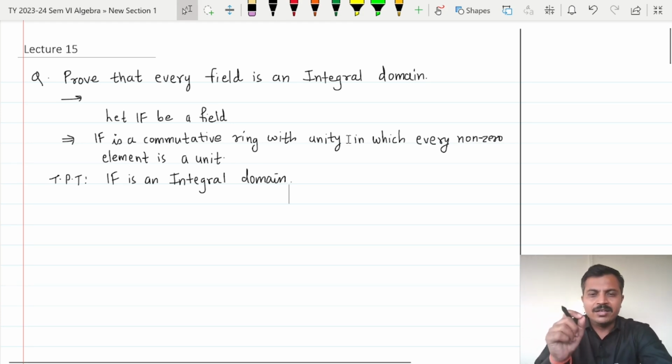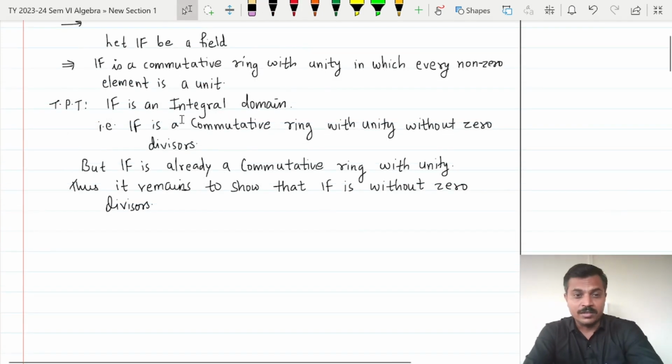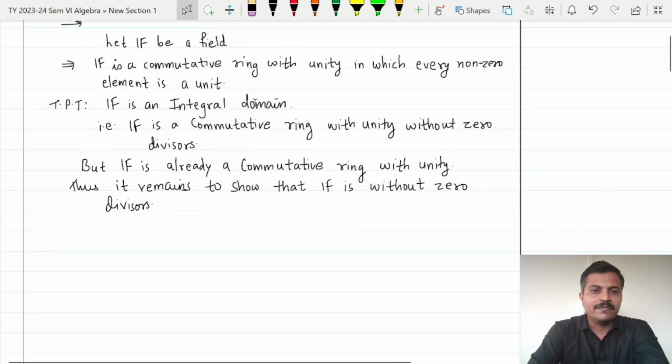So the main condition that we have to show is that F is without zero divisors.